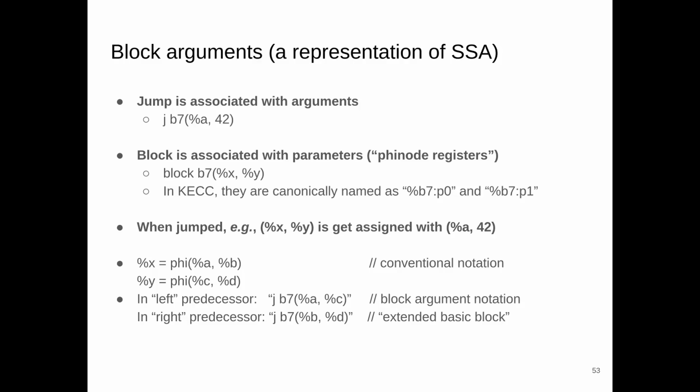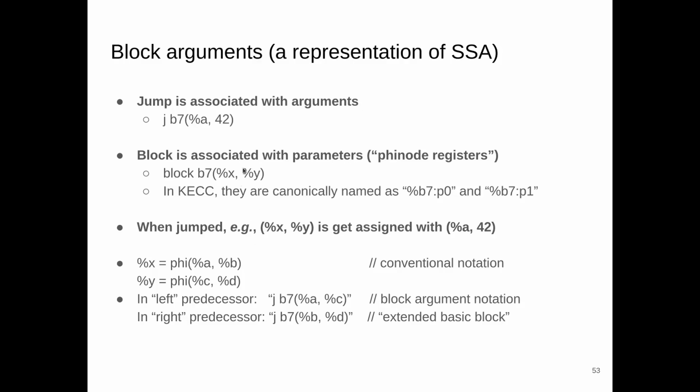So you can think of it as a function call. You are going to jump to B7, like calling a function with arguments, and the callee will have 2 parameters which get assigned with the caller's arguments.